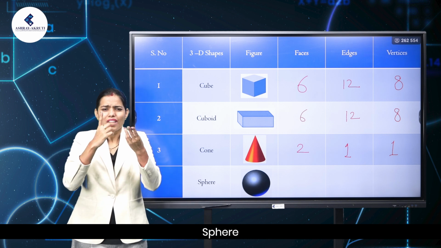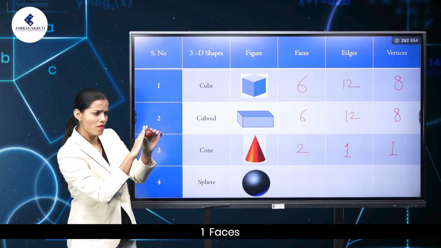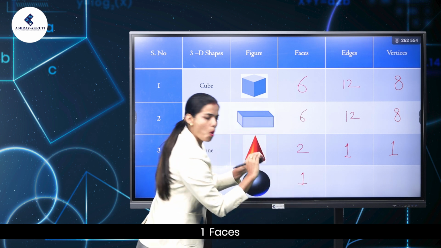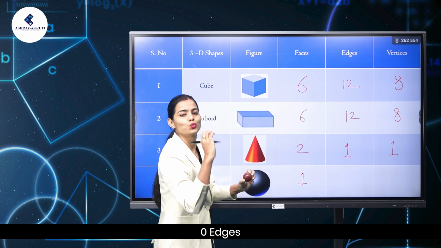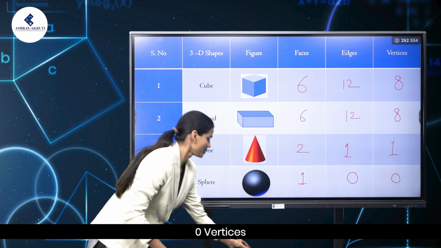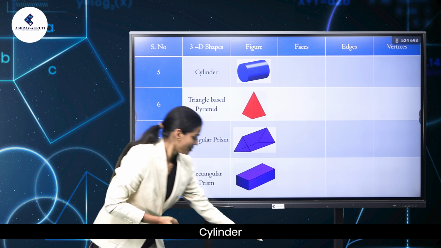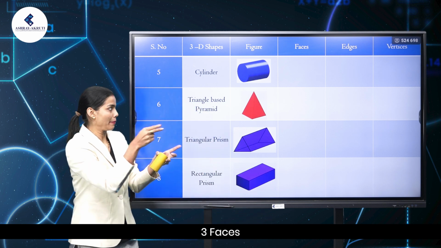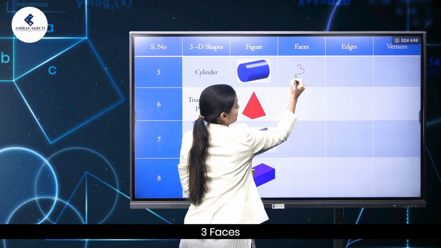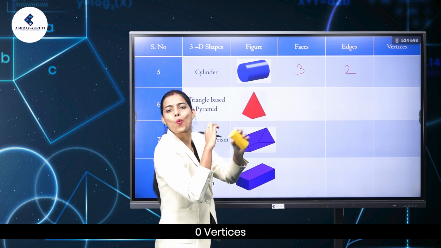Sphere, 1 face, 0 edges, 0 vertices. Cylinder, 3 faces, 2 edges, 0 vertices.